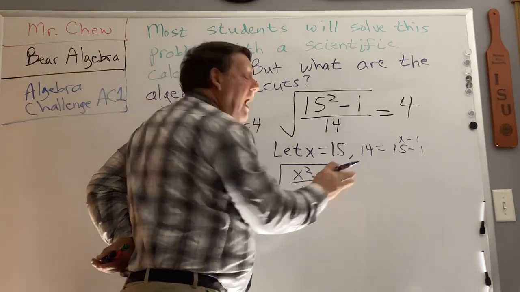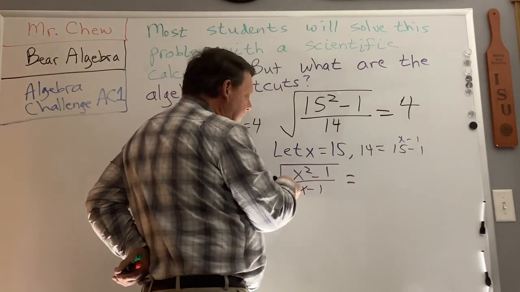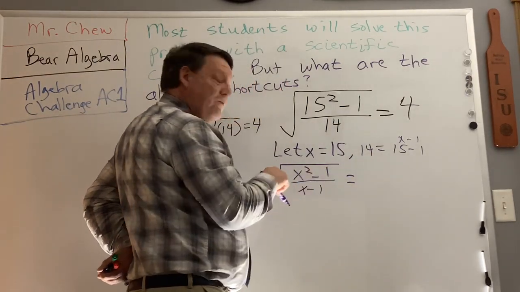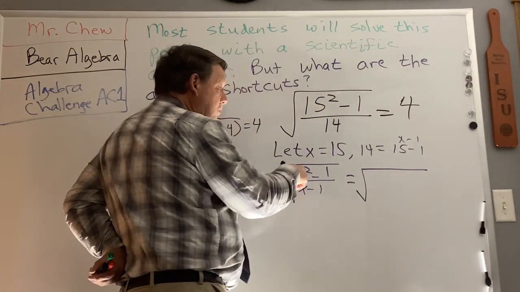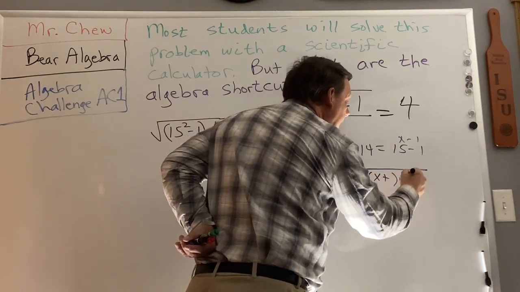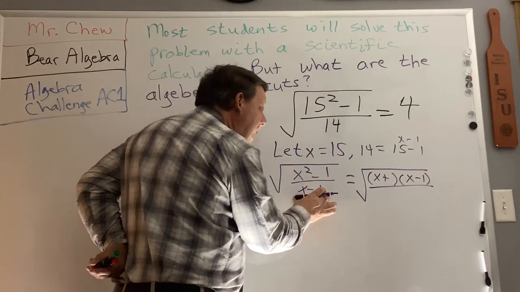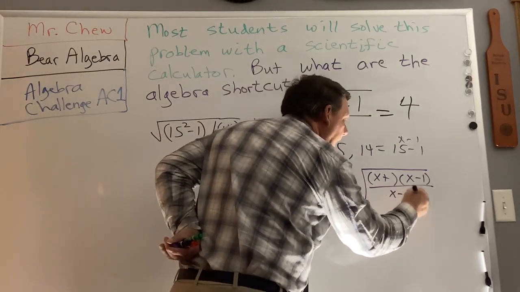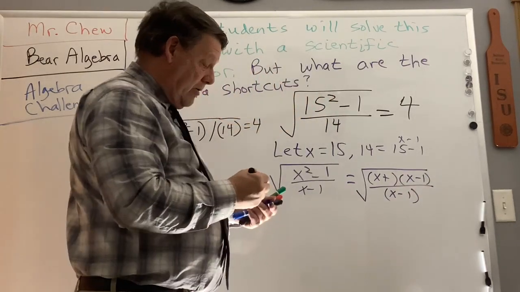Well, from your algebra class, you should understand that I can factor the difference of two perfect squares in the numerator, and x squared minus 1 equals (x plus 1)(x minus 1). And then the denominator is the same as one of the two factors in the numerator.